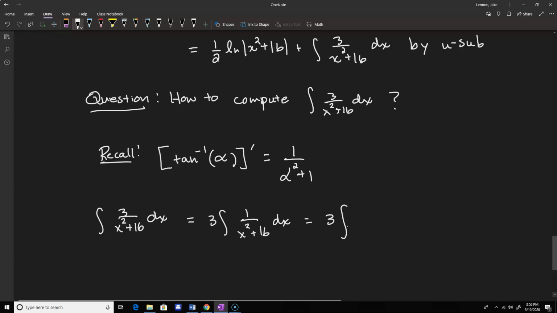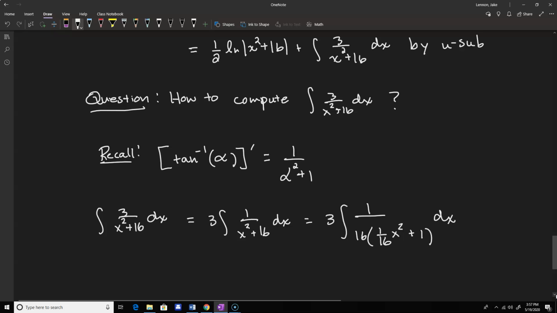We write 3 times the integral of 1 over 16 times (1 over 16 x squared plus 1). Note that this is actually the same denominator: if you distribute the 16 to the first term, it cancels with the 1 over 16, and if you distribute it to the 1, you end up getting the same denominator of x squared plus 16.